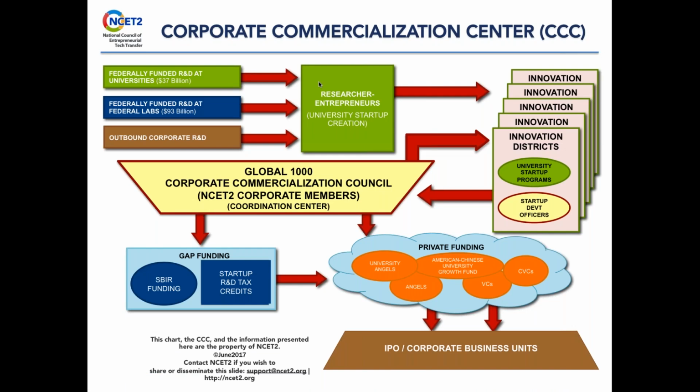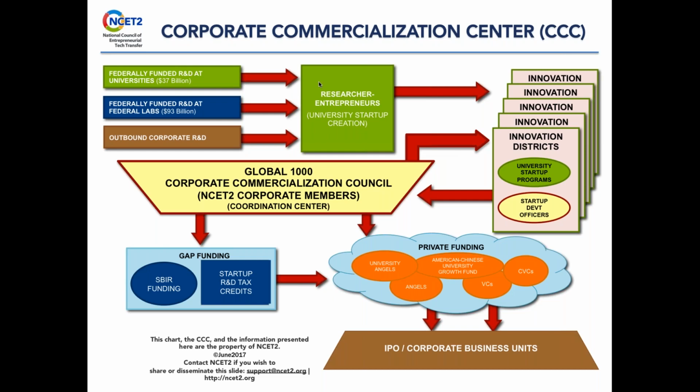So here's a picture of the model, and I think a lot of you have seen this before. Basically, the idea, as Tony mentioned, is the federal funded research, both at the national labs and universities, gets placed into startups which live oftentimes within universities, and we know that startups that are associated with universities are probably 6 times more likely to succeed because of the support the universities provide for them and the start that they get.